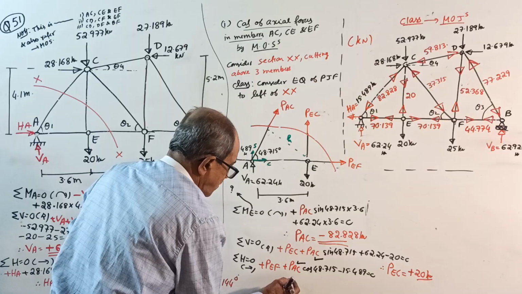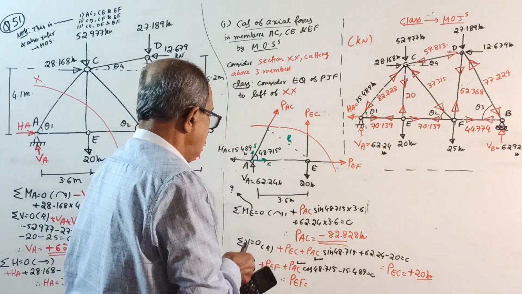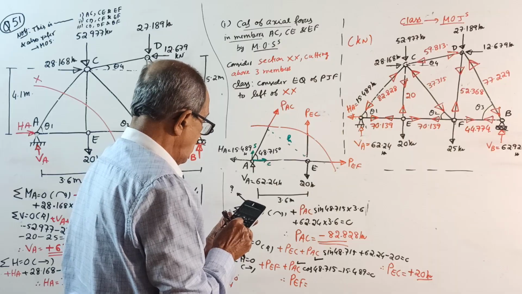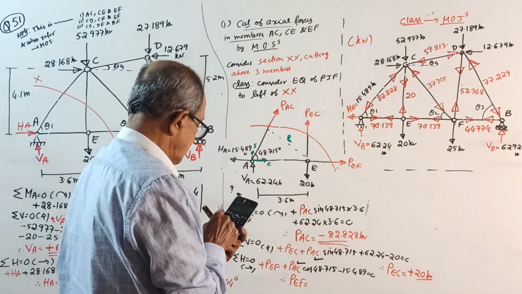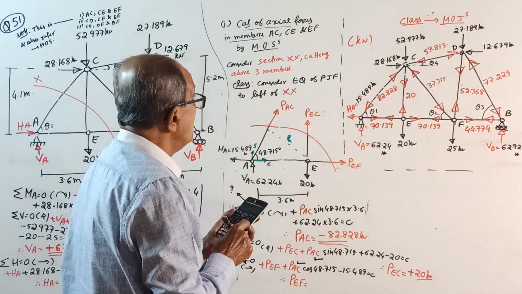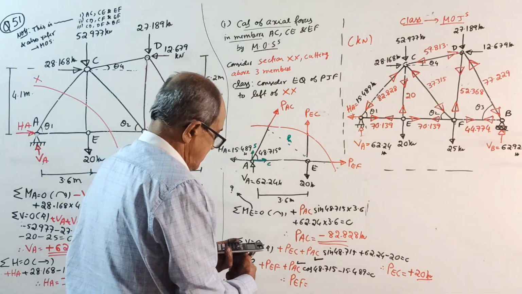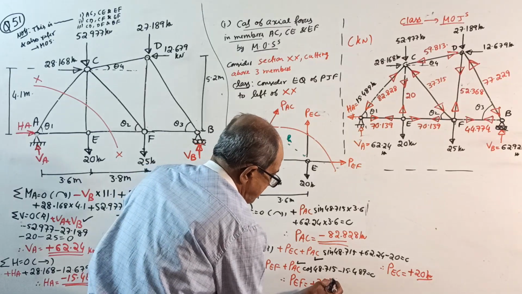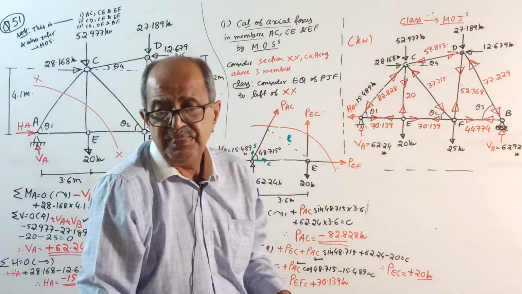Substitute, therefore you get the value of PEF. 82.828 into cos 48.715, that minus is there, minus 15.489, equal to plus 70.139 kilonewton.